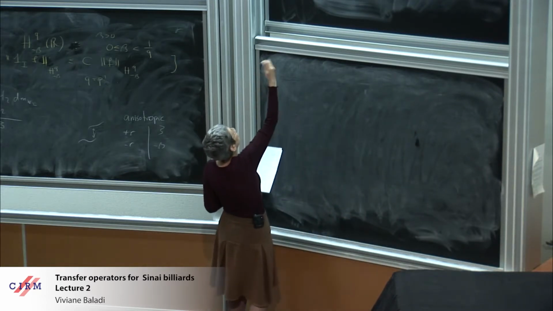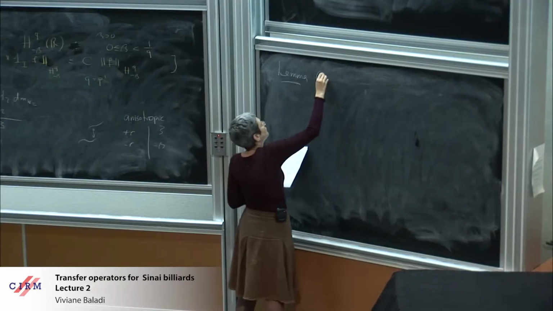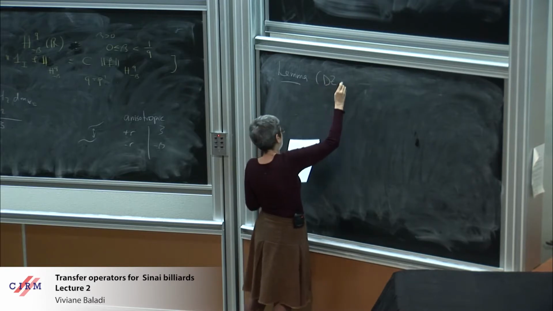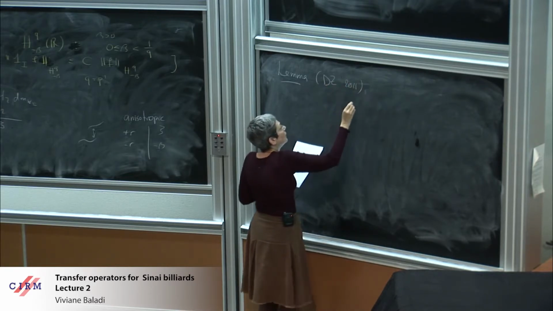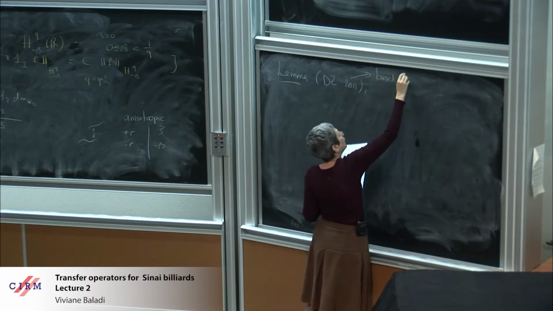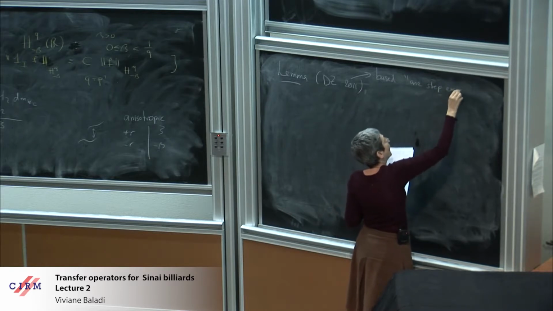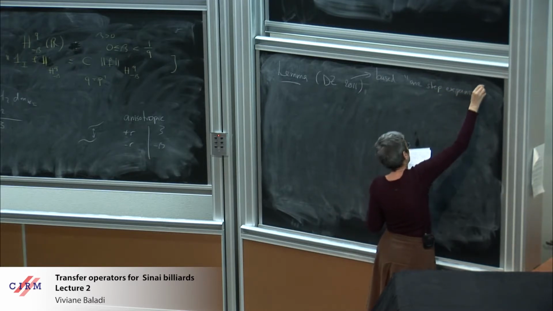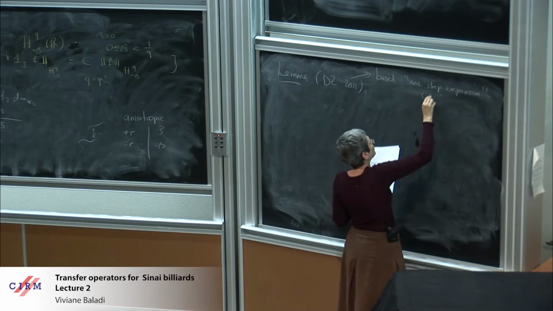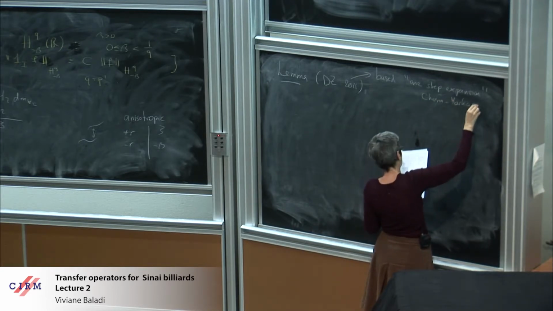And so the third ingredient is this growth lemma, which you can find in the paper of Demers and Zhang. And let me just say that it's based on something called the one-step expansion, which you can find in the book of Chernov and Markarian, which is a classical bound.